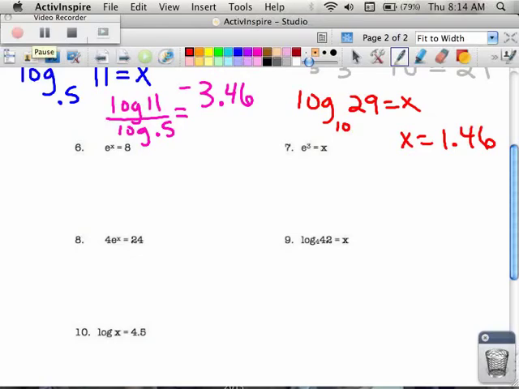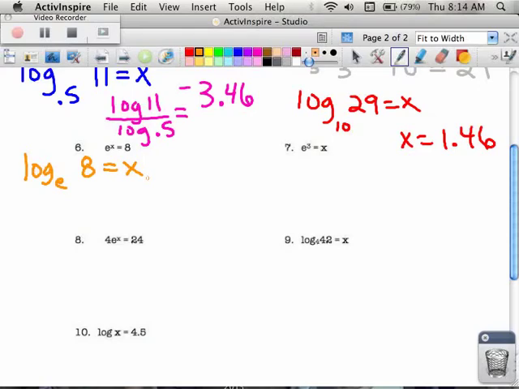Look at number 6. What's the base in this one? E. So the base is e. If I rewrite this in its logarithm format, this is saying the log base e of the number 8 is equal to my exponent. Now you might think that you have to go log 8 divided by log e, which you can do if you want to.